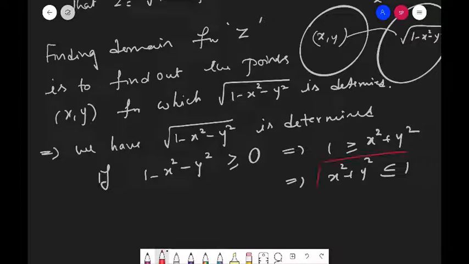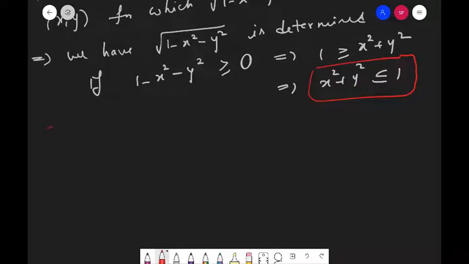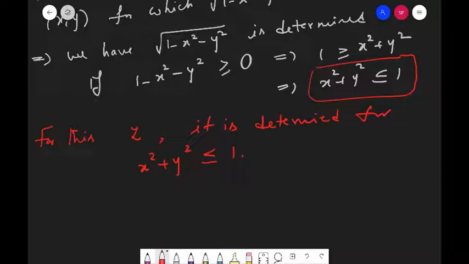What do you mean by that? This z is determined for x square plus y square less than or equal to 1.